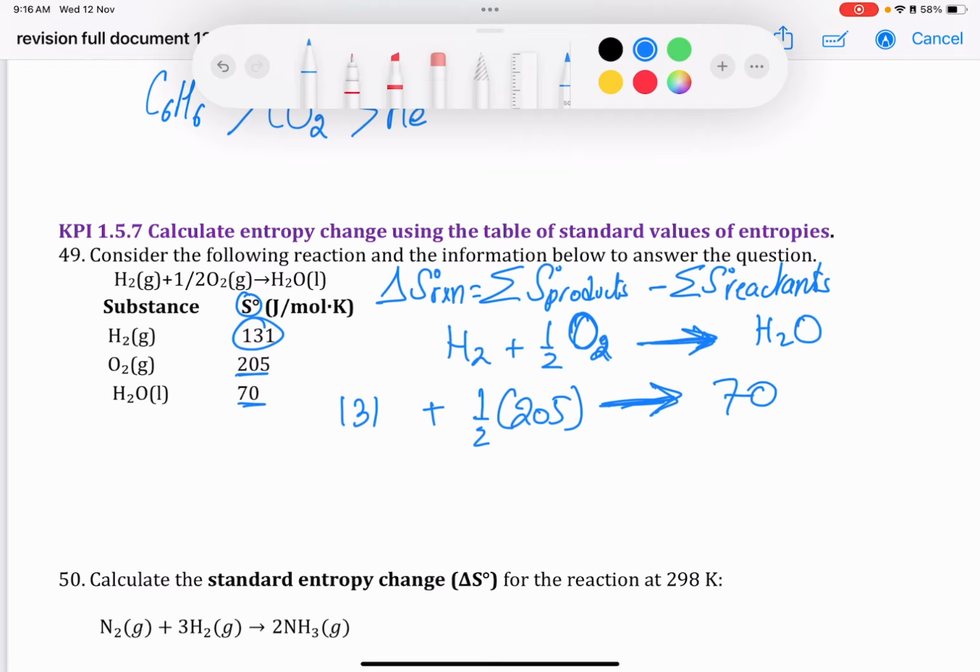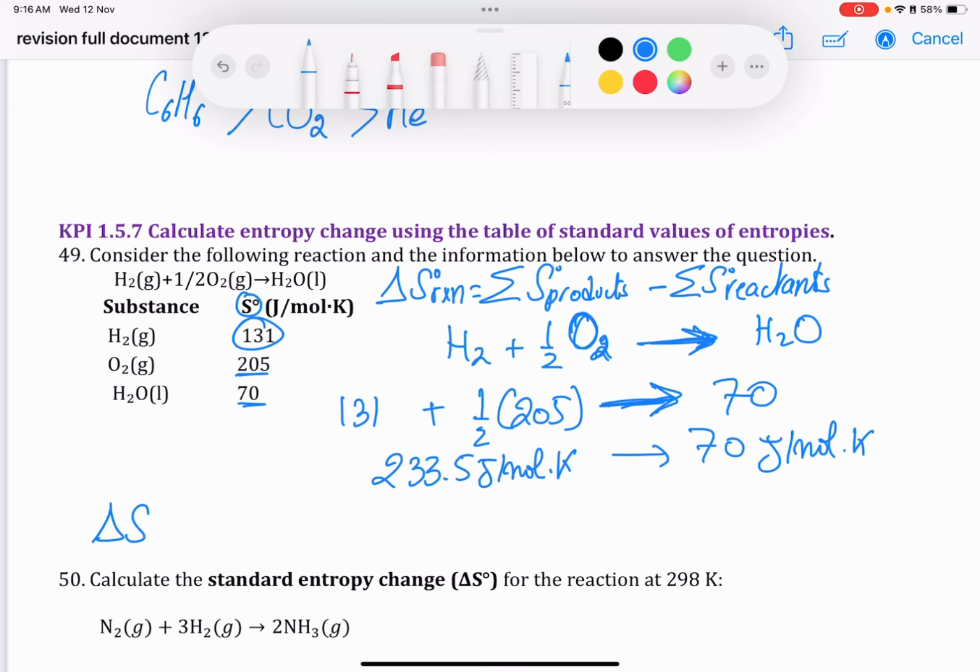Now let's find out the total entropy of the reactants. The total is 233.5 joules per mole Kelvin, and for the product it is 70 joules per mole Kelvin.